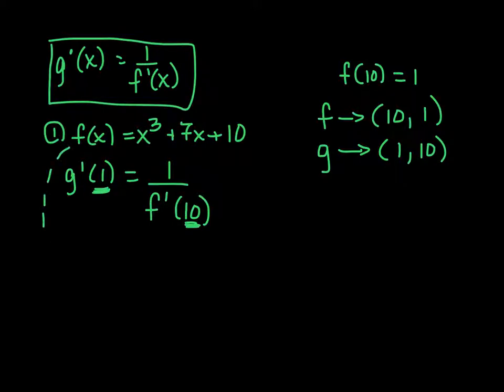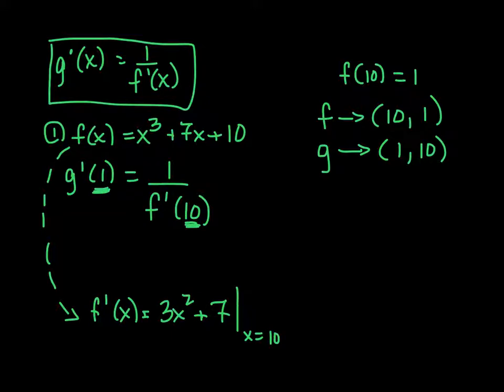So let me just take this down here. I probably should have written it somewhere else, sorry. I'm going to find f prime. So f prime is 3x squared plus 7. Then I'm going to evaluate that at x equals 10, so I plug in 10 for x. 10 squared is 100, times 3 is 300, plus 7 is 307.